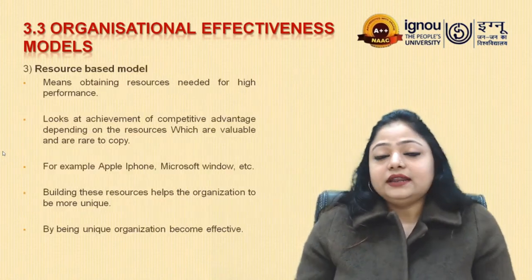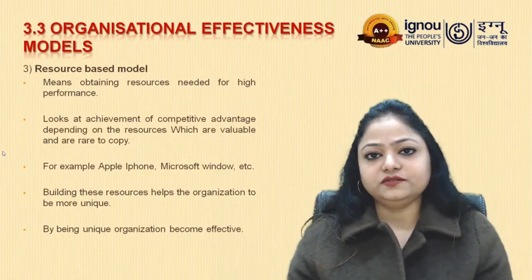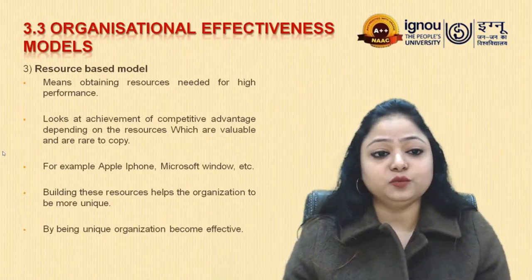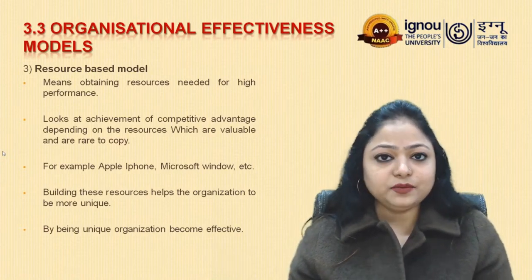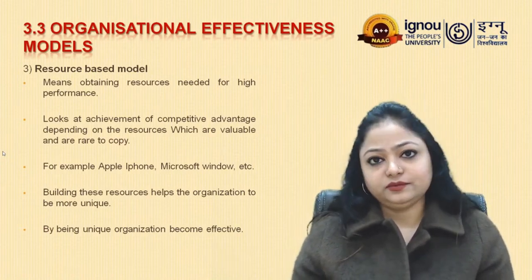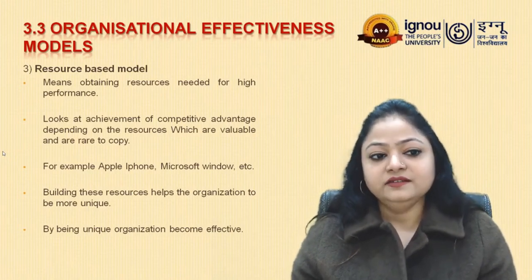The third model through which we can assess the effectiveness of the organization is the resource based model. It means obtaining the desired resources needed for high performance and looking at the achievement of competitive advantage depending on resources which are valuable and rare to copy.